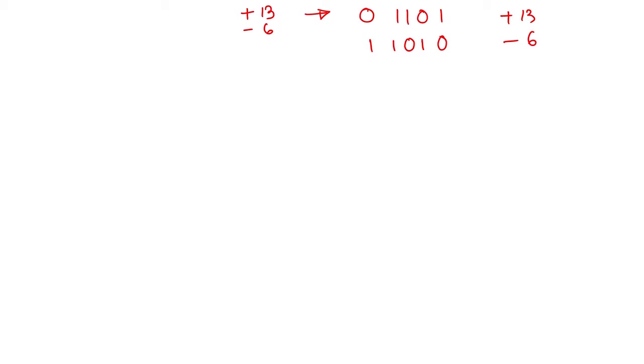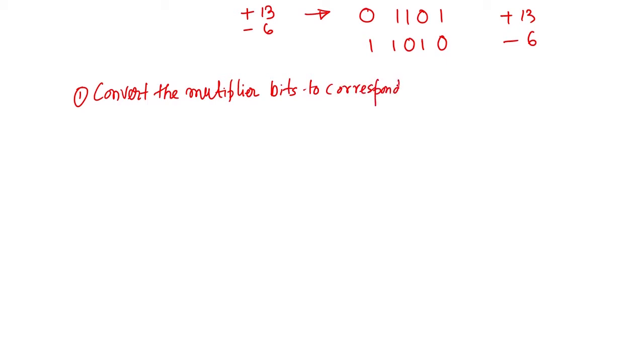First step, you convert the multiplier bits to the corresponding Booth's recording.